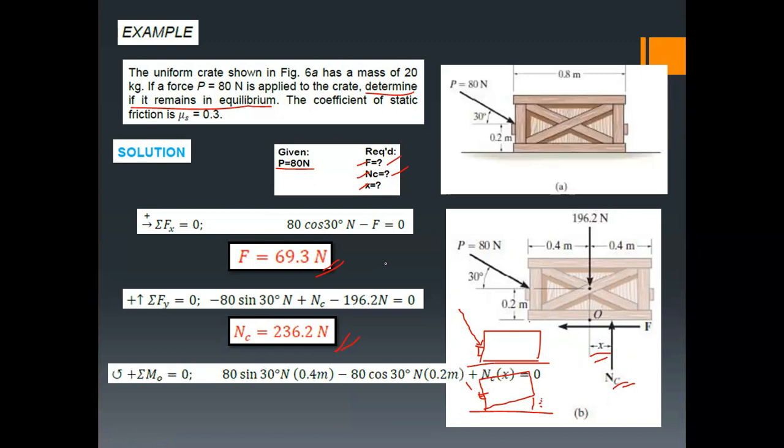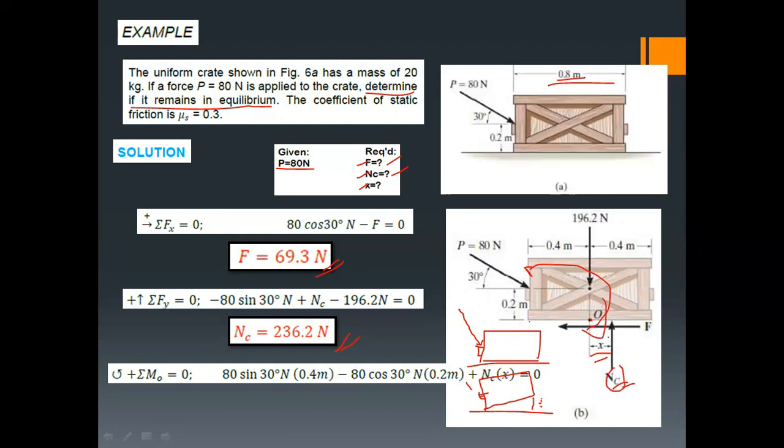By doing that, to get whether it had movement, it's simply a summation of moments from our point of origin. So 80 sine 60, times our distance from the origin, 0.04, which is given here, and then minus 80 cosine, since they oppose each other, times NC X on the other side.